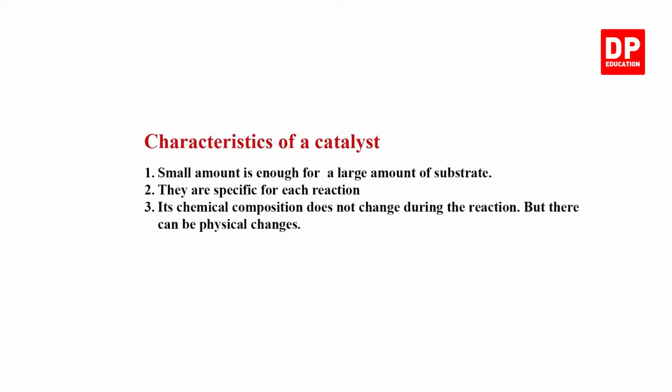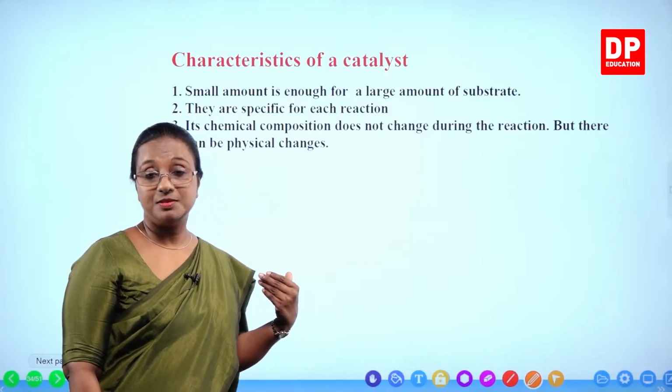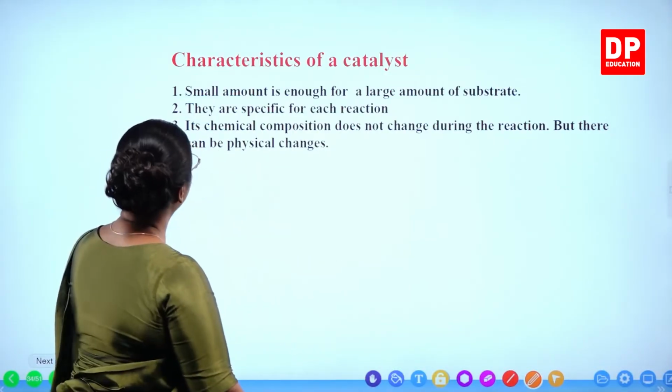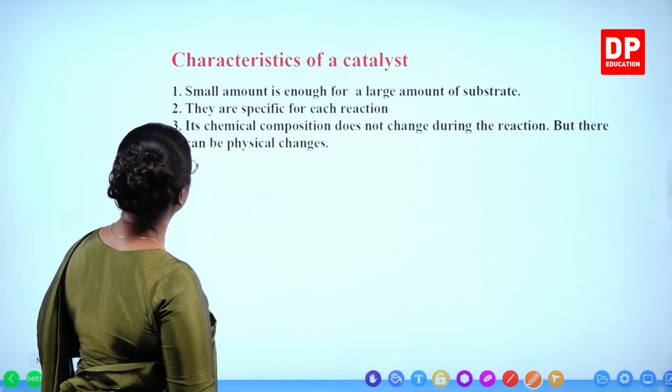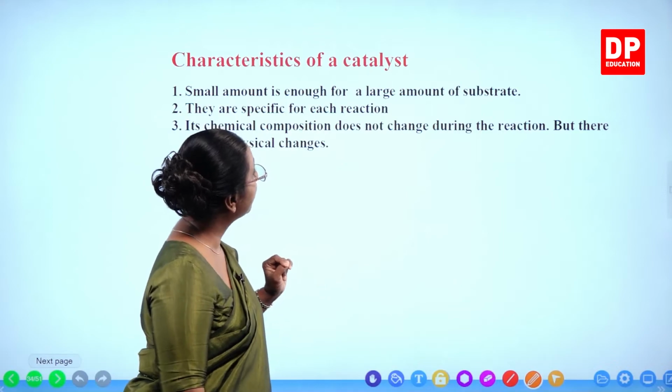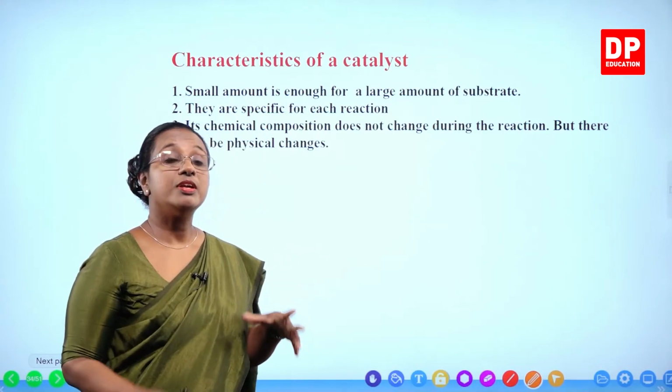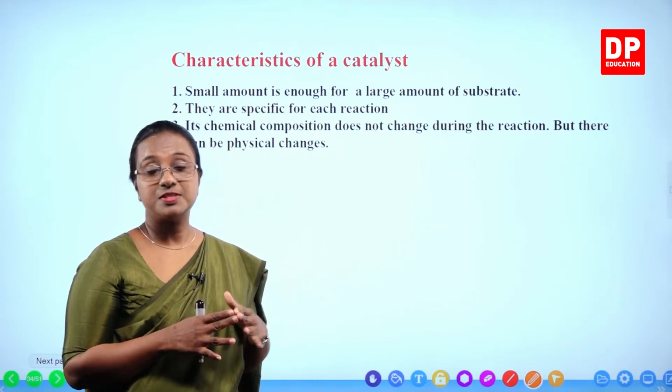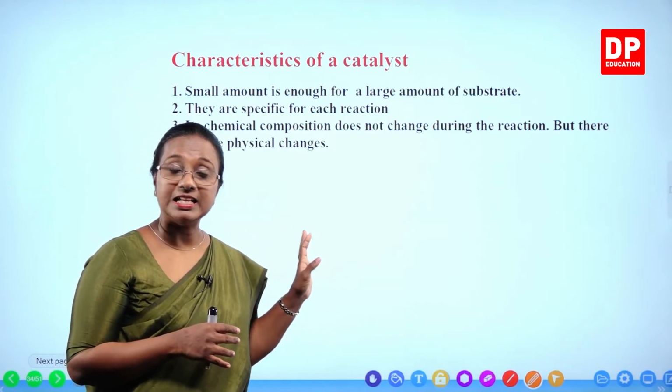Before we look at the uses, we will try to understand the characteristics of a catalyst. We have discussed it before, but again: a small amount is enough for a large amount of substrate. Even for a very large amount of substrate, a very small amount of the catalyst is enough.